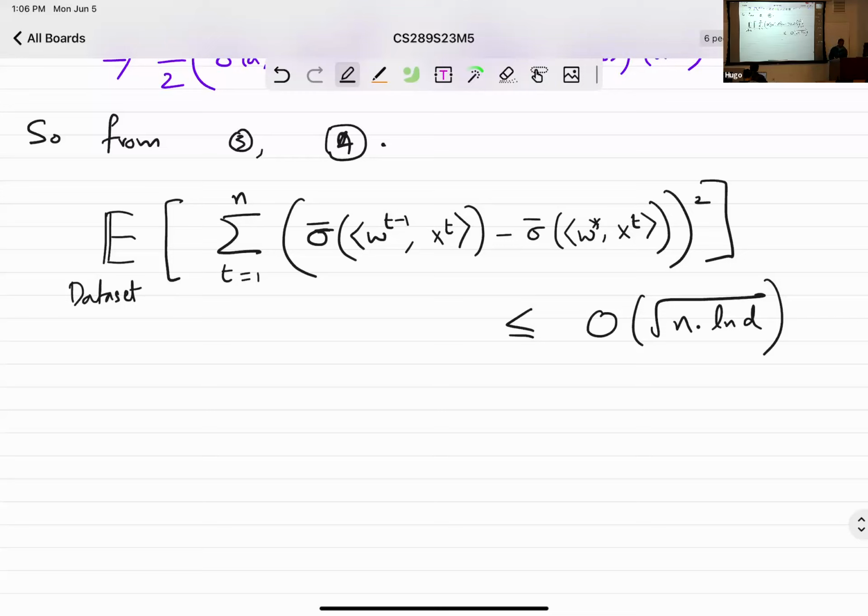Okay. So far so good, but now how can I finish this? We have a bound on this sum, but what did our algorithm do? It picked the best predictor. Right? It didn't output Wn.